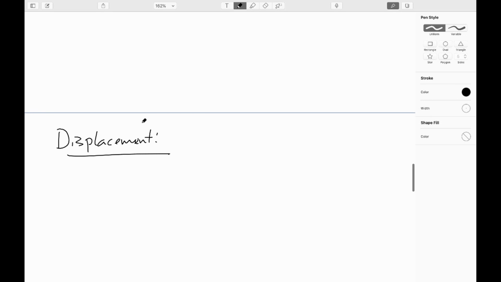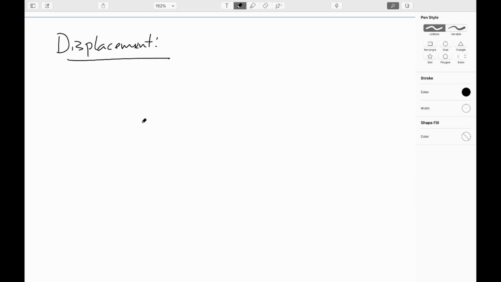So in one dimension, the displacement between two positions is defined to be the final position minus the initial position.